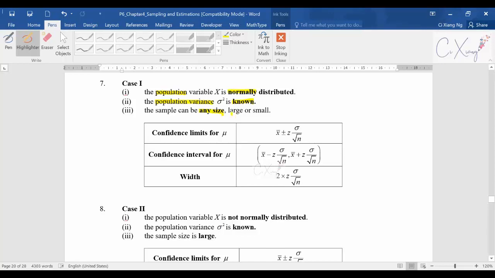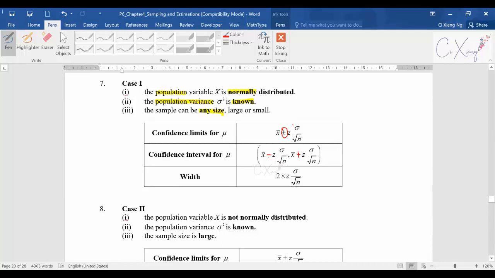Then when they want you to calculate the confidence limits or confidence interval, generally you'll see that they are the same. Just that for confidence limits, they write everything in one formula, with a plus and minus, that means there are two values, one plus, one minus. For the confidence interval, they just put it in bracket form, so this is minus and this is plus. The formula is sample mean minus Z multiplied by sigma over square root n.